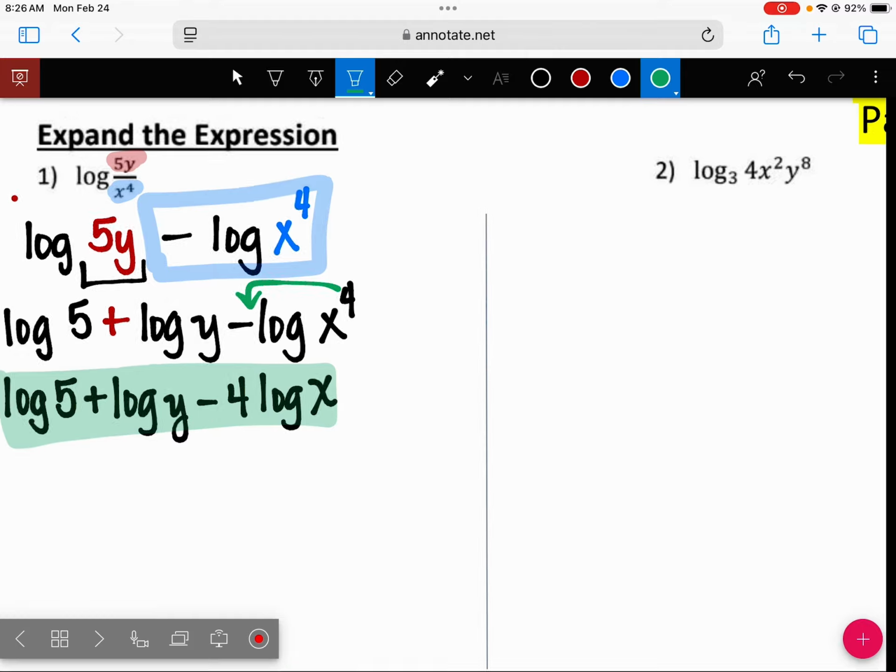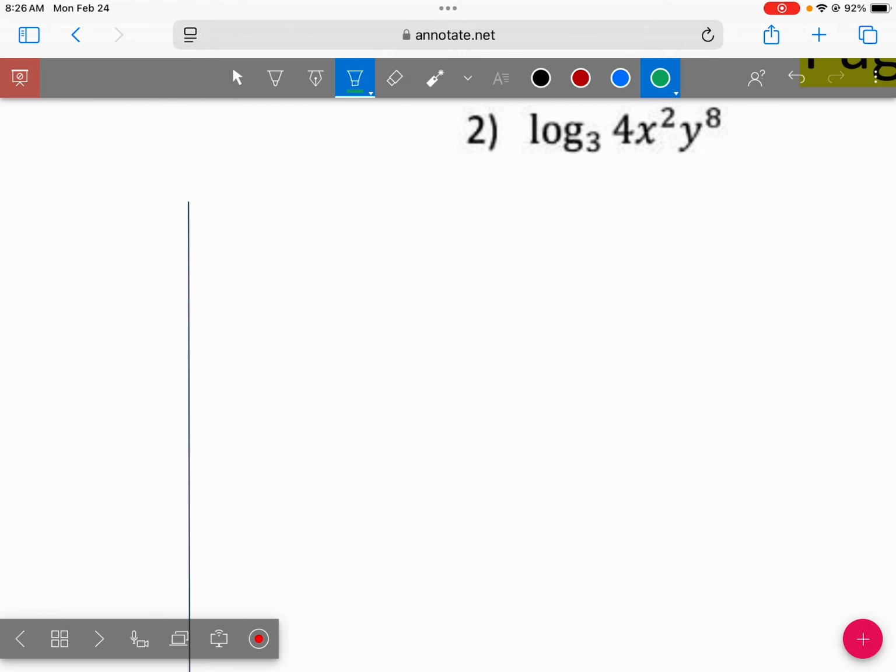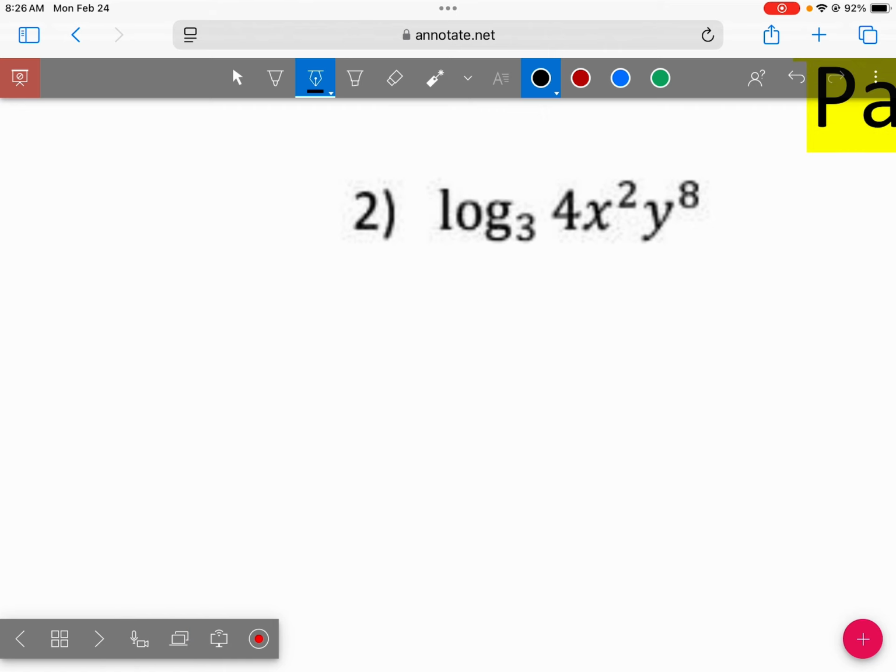All right, let's look at question 2. Do you see any fractions in this one? No, so we don't have any subtraction. So what we're going to do, though, is because we have 3 terms, these are each terms, we're going to break these apart with addition.